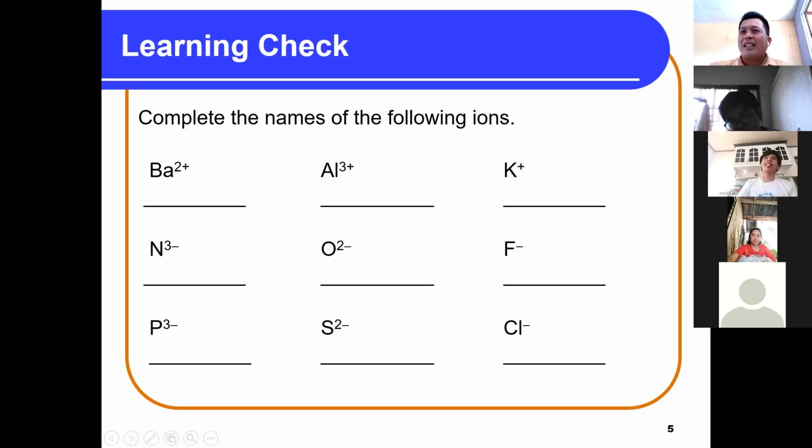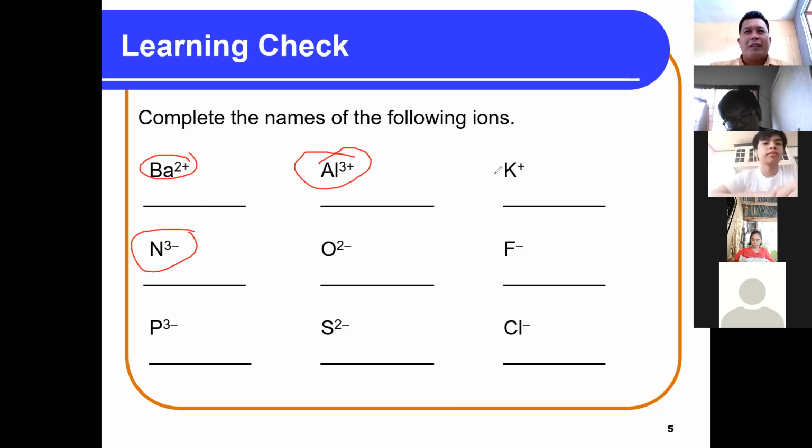Nitrogen, yes. But how will you name this one? This is a non-metal, take note. So this is barium according to Al, aluminum for Rafael, potassium for Alex. And the three of them are correct.